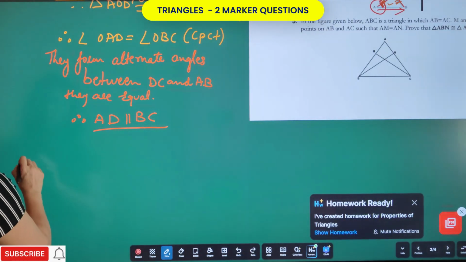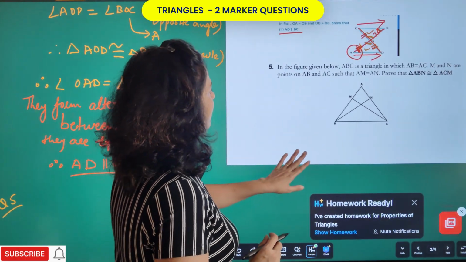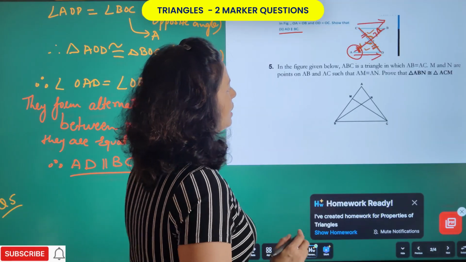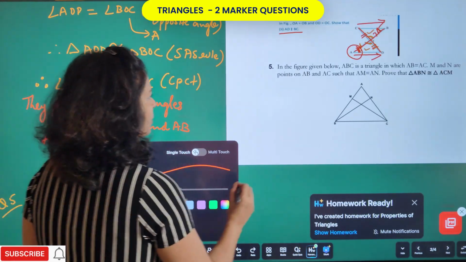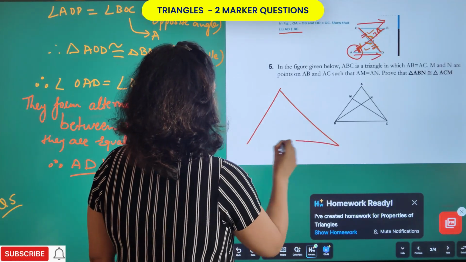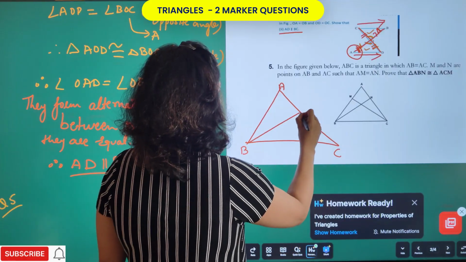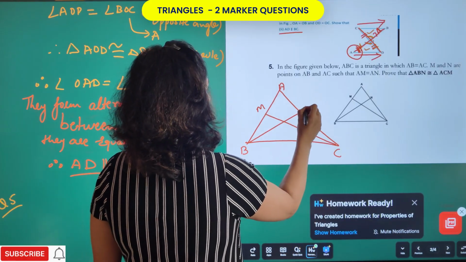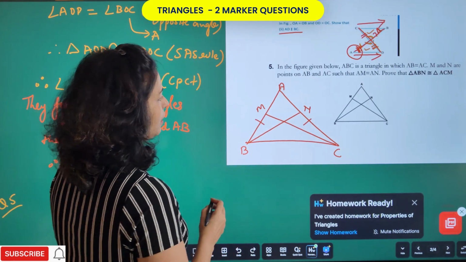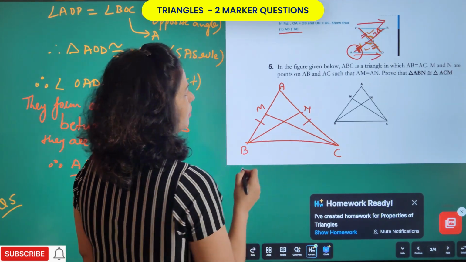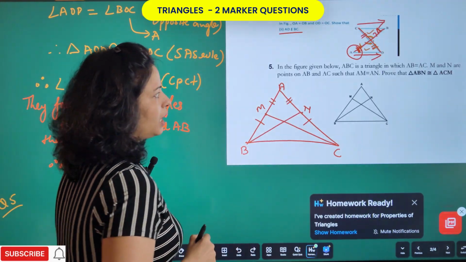Coming to question number 5. Question number 5, here the figure is given to you. So ABC is a triangle in which AB is equal to AC, and M and N are points on AB and AC such that they have given you AM is equal to AN also.